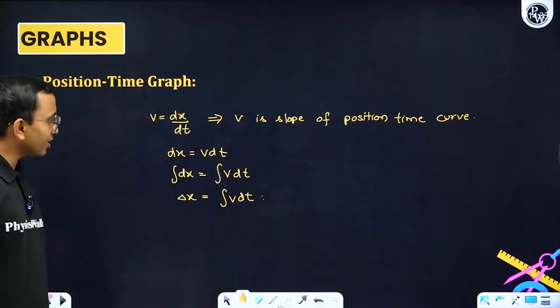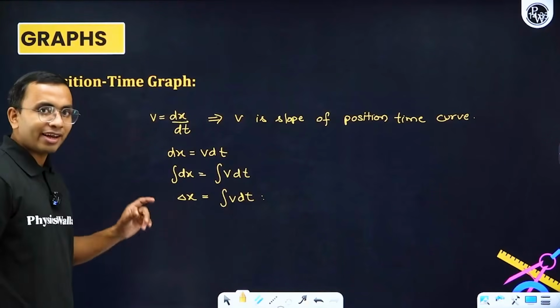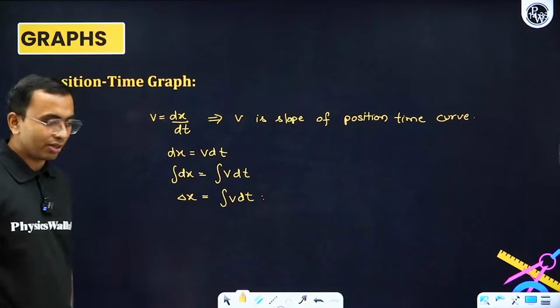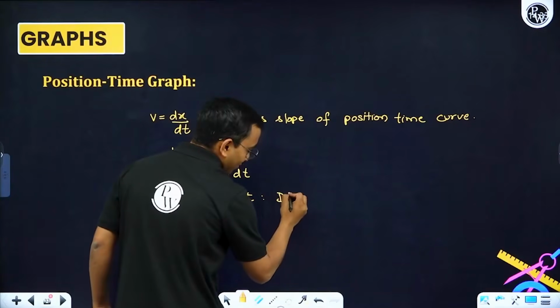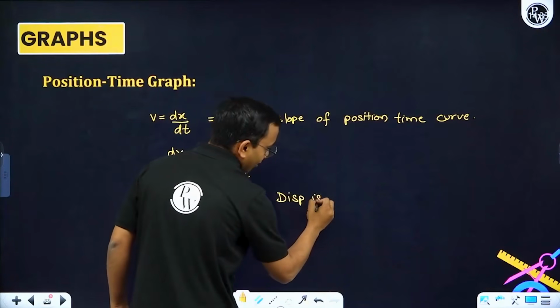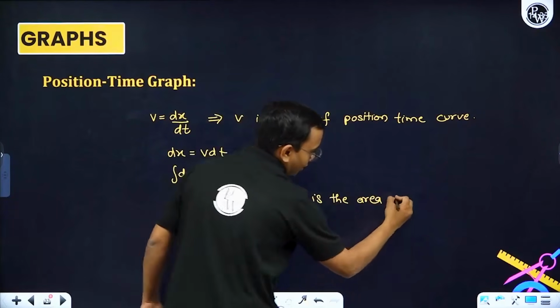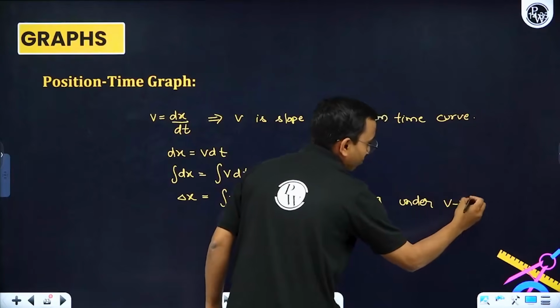So from here I can say that displacement is the area under the velocity time curve. We'll come to this point when we come to the velocity curve. Anyways, let me write it. So displacement is the area under velocity time curve.